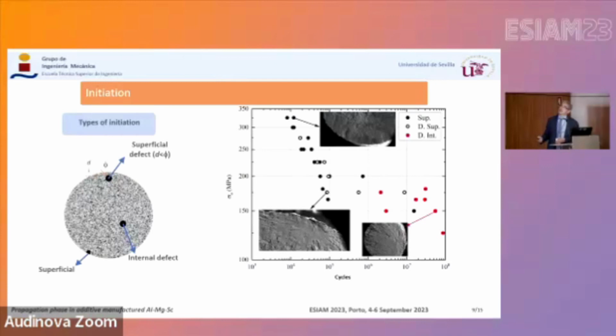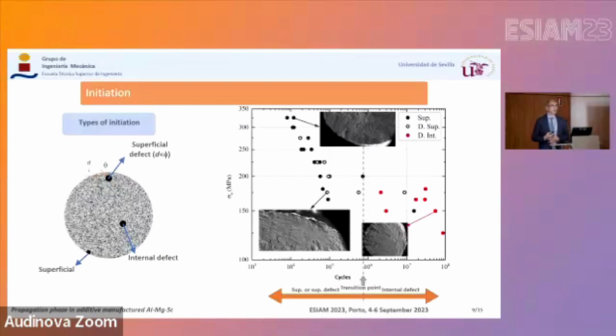As we can see here, the solid circles are the failures started from the surface, the open black circles are those starting from a defect close to the surface, and the red circles started from an internal defect. As we can see in the graph, there is this transition point where these failures started from either the surface or a defect very close to the surface. And in this region, about 1 million cycles, almost all of them started from an internal defect.